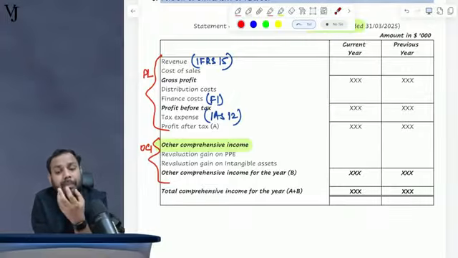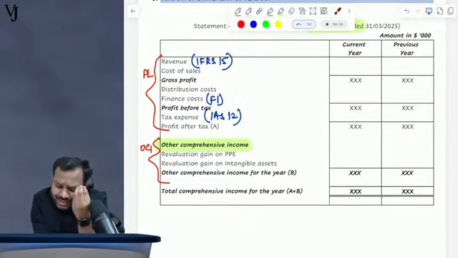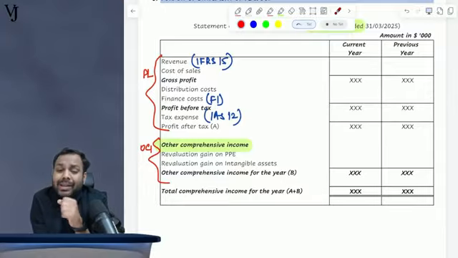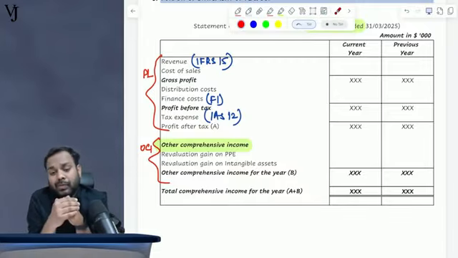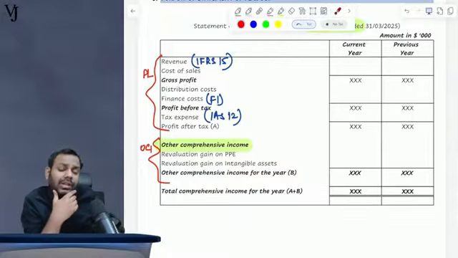Whenever there's an income or an expense, a gain or a loss during the year, we have to recognize it in P&L. But there are certain gains or losses which are unrealized, and we are not sure when exactly we are going to realize that gain.